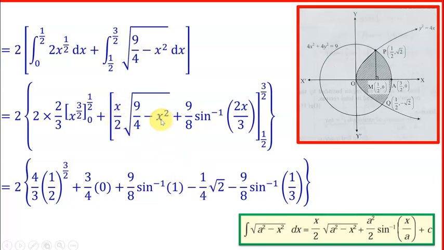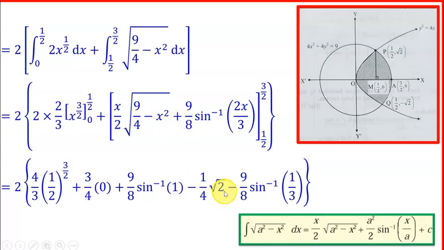Next, if we replace x as 1 upon 2, its square is 1 by 4. Then you will get 9 minus 1, 8, 8 upon 4, which is 2. That is the root 2 here. And overall, that is minus 1 upon 4 into root 2.